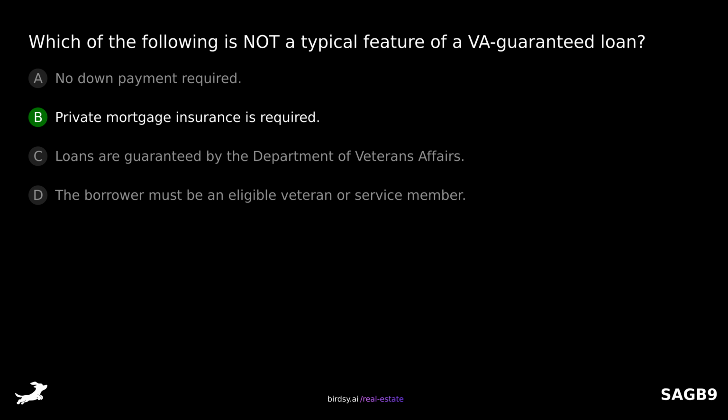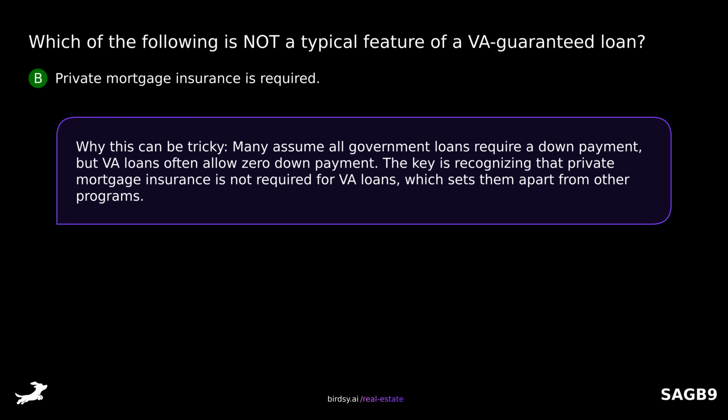The correct answer is B, private mortgage insurance is required. Why this can be tricky. Many assume all government loans require a down payment, but VA loans often allow zero down payment. The key is recognizing that private mortgage insurance is not required for VA loans, which sets them apart from other programs.